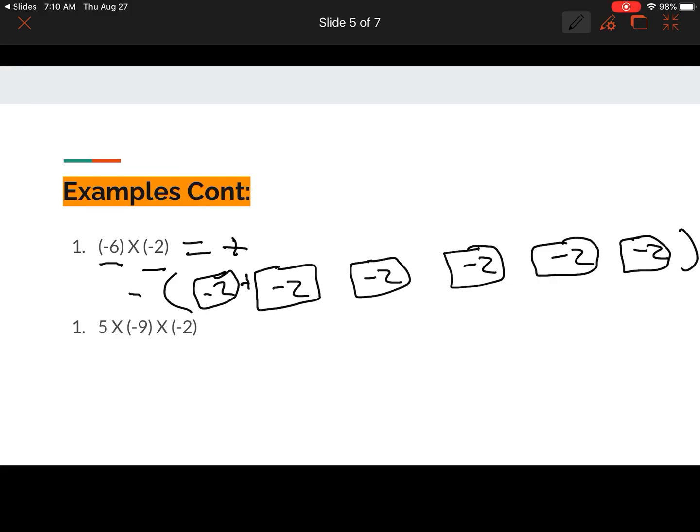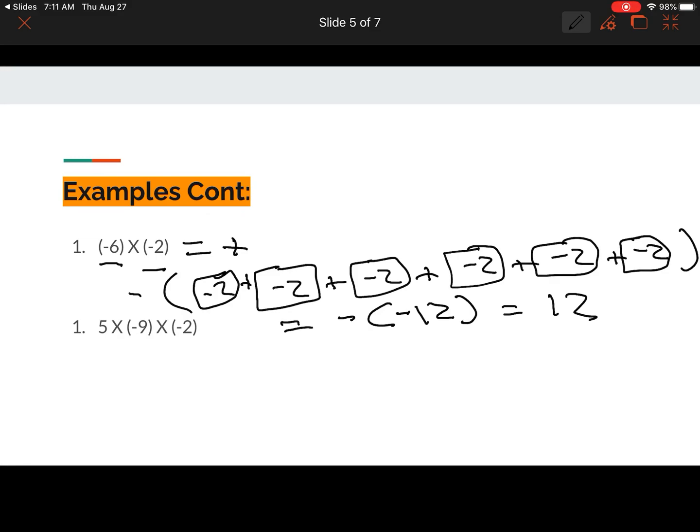So we have negative 2 plus negative 2 plus negative 2 plus negative 2 plus negative 2 plus negative 2, or we have negative of negative 12. This would be equal to positive 12 because we have a negative times a negative number. So negative 6 times negative 2 would be equal to positive 12.